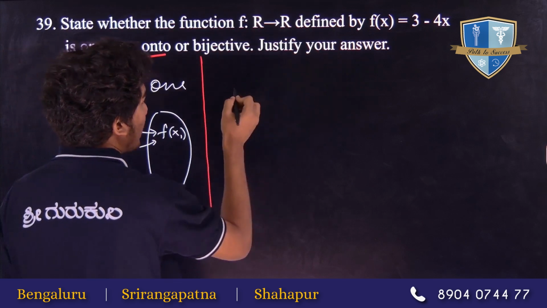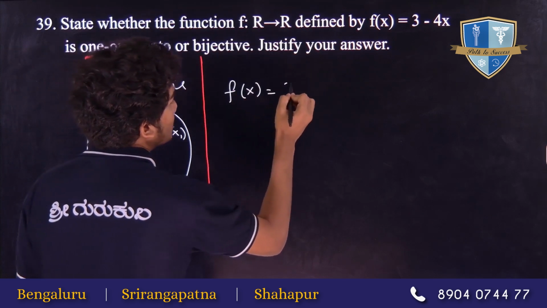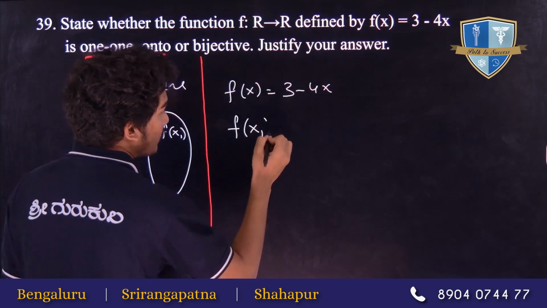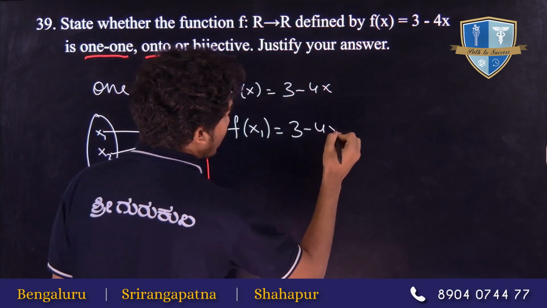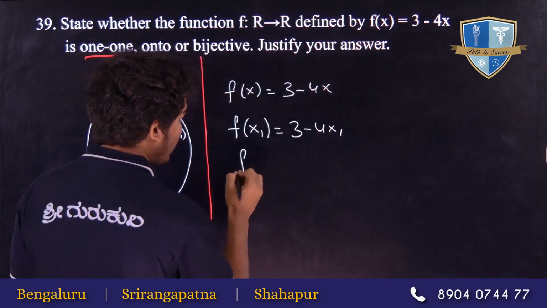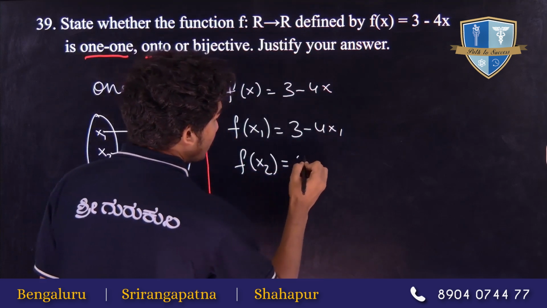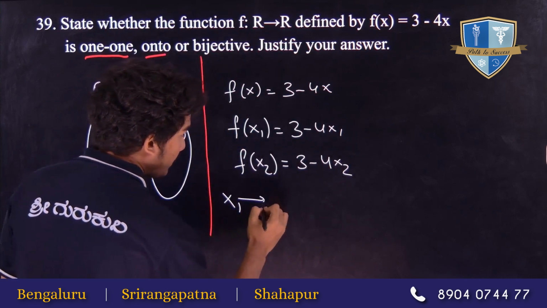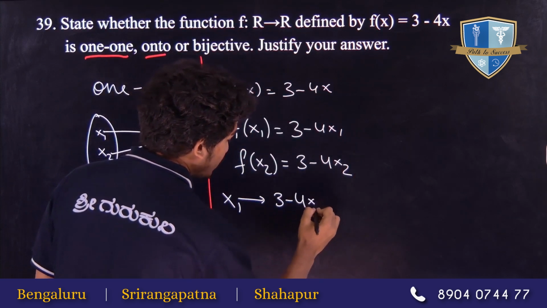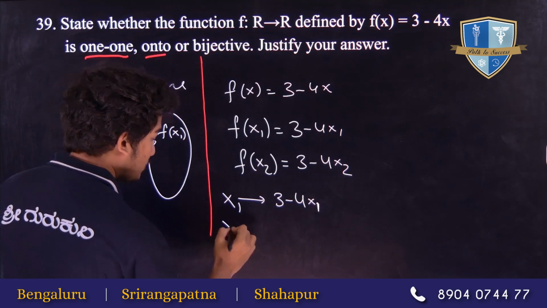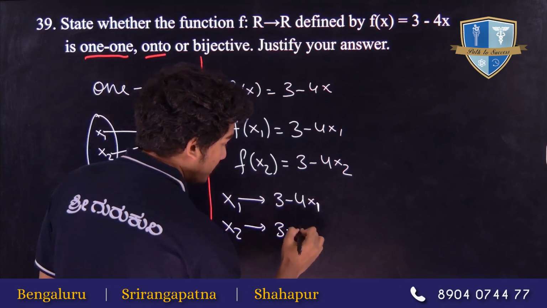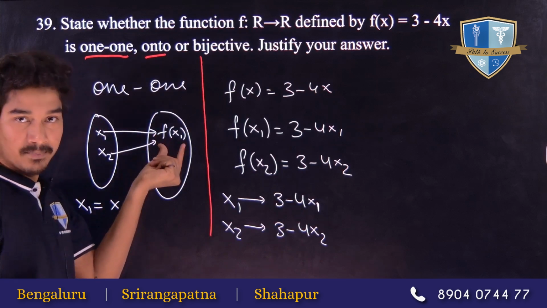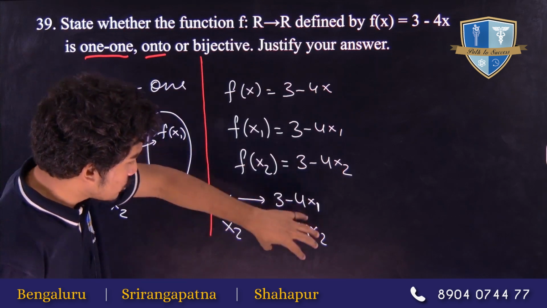So this function f of x is equal to 3 minus 4x. For any value x1, f of x1 will be equal to 3 minus 4x1, and for any value x2 it will be 3 minus 4x2, correct? Now I am saying that both of them are giving us the same value in our range, which means these two things are same.